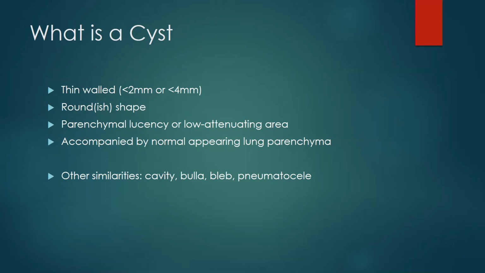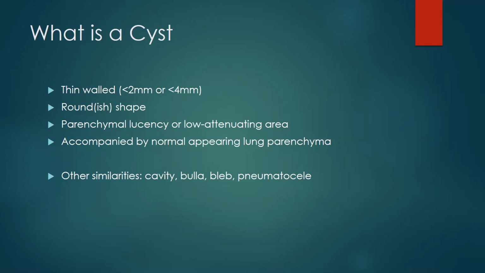With the thin wall, usually with normal lung parenchyma on all sides of it. Most of the cyst walls are lined by epithelium, again with some differences, which differs from the bulla and blebs.